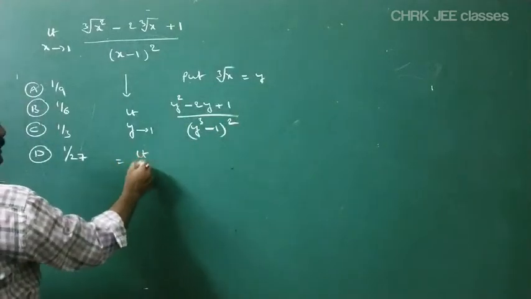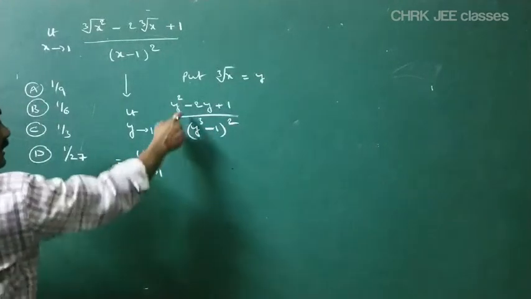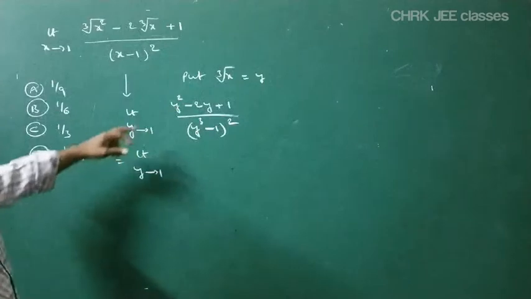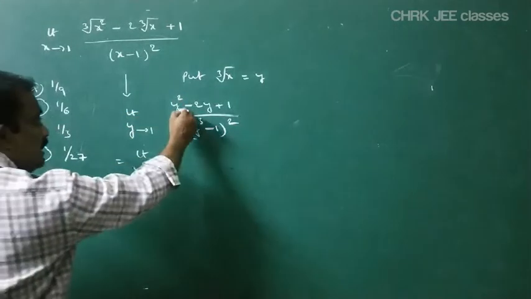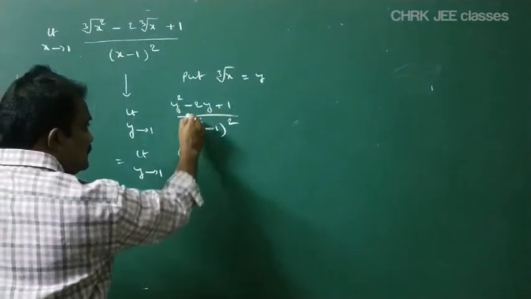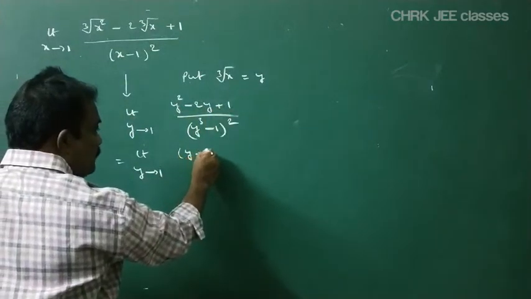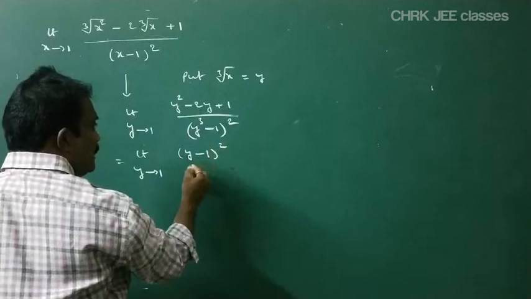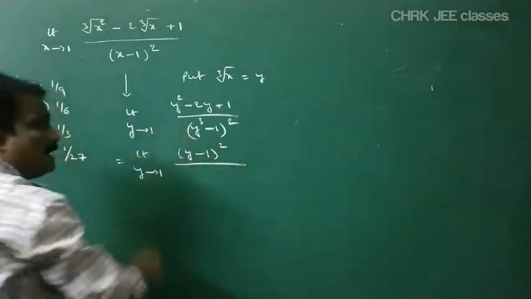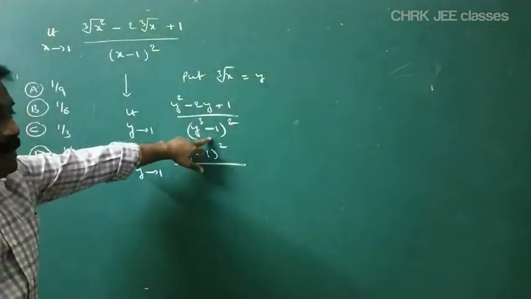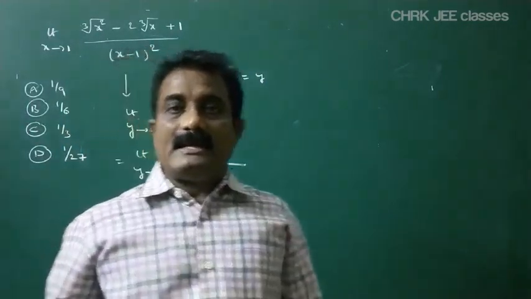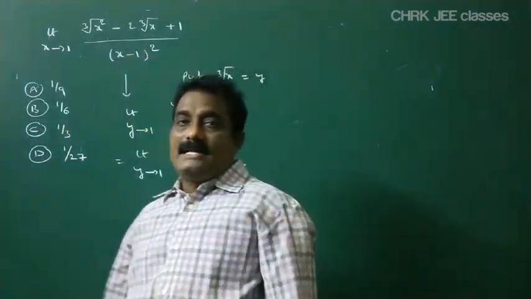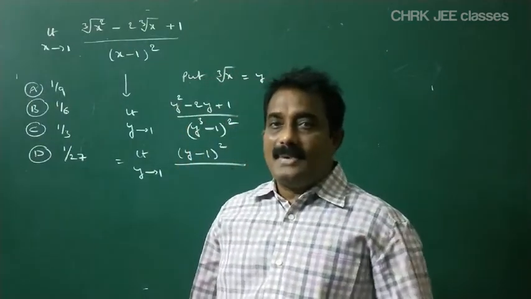That equals limit y tends to 1. By observing the numerator, this is in the form of a minus b whole square. That's why I am writing this numerator as y minus 1 whole square. By observing the denominator, this is in the form of a cube minus b cube. A cube minus b cube is equal to a minus b into a square plus ab plus b square.